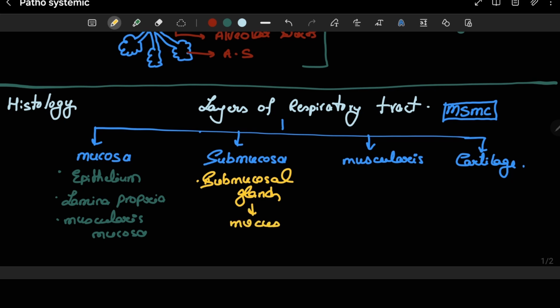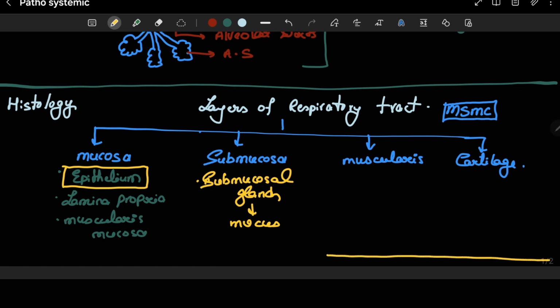And we all know that mucus is useful for the protection of the layers of the respiratory tract from different substances. And the most important thing that we should remember is epithelium. What is the kind of epithelium that is present in the respiratory tract? It is nothing but the pseudo-stratified ciliated columnar epithelium.